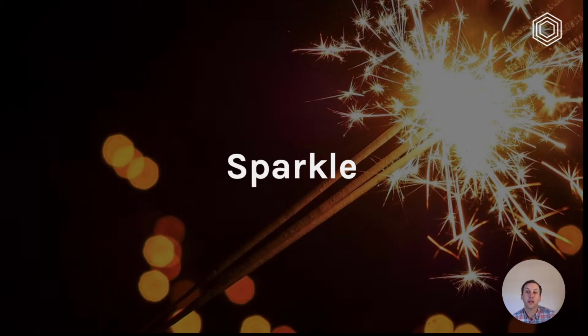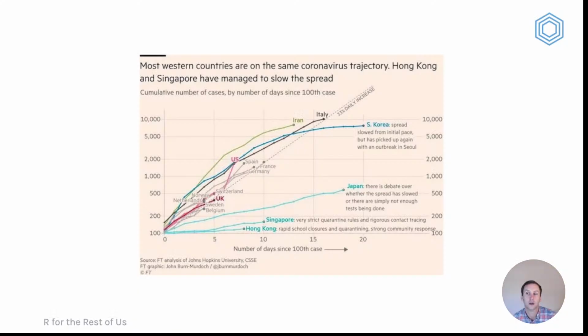And then finally, it sparkles. And I think of sparkle as just putting minor touches on things that make things really look nice and communicate effectively. So I think it does that by using, for example, custom fonts. I don't actually know what the font is that they're using here, although we could pretty easily figure it out. But it doesn't use the default font.